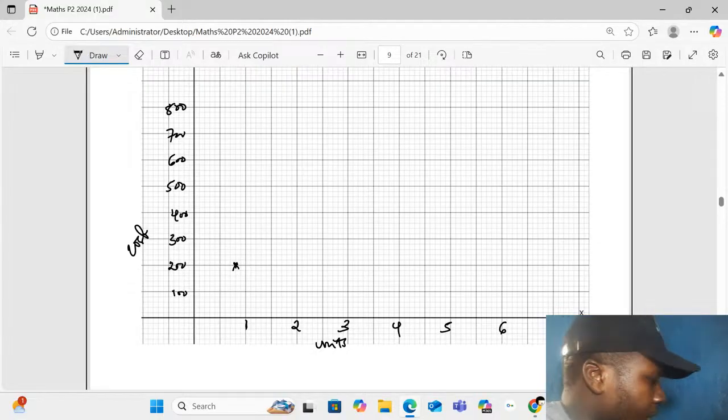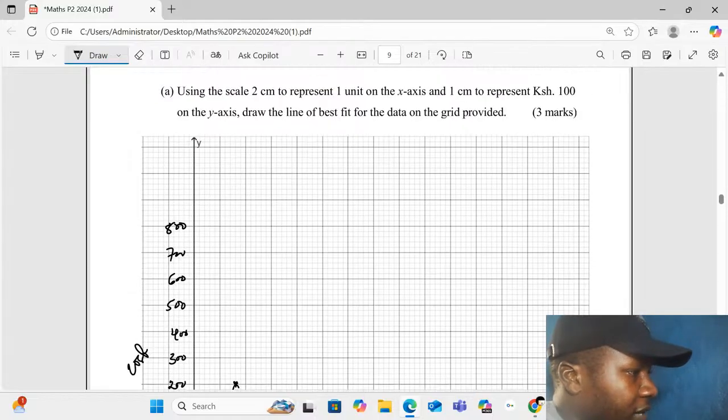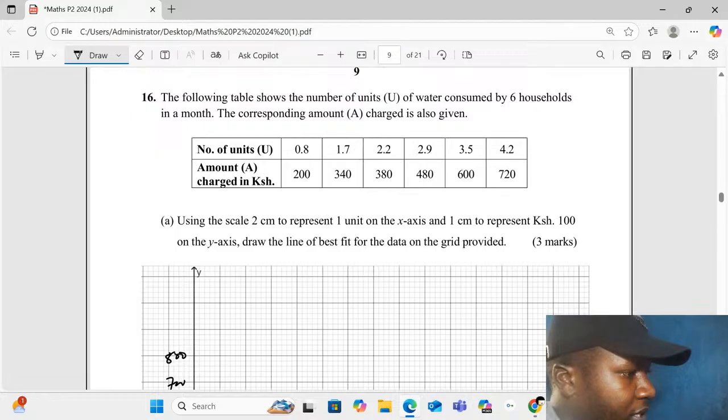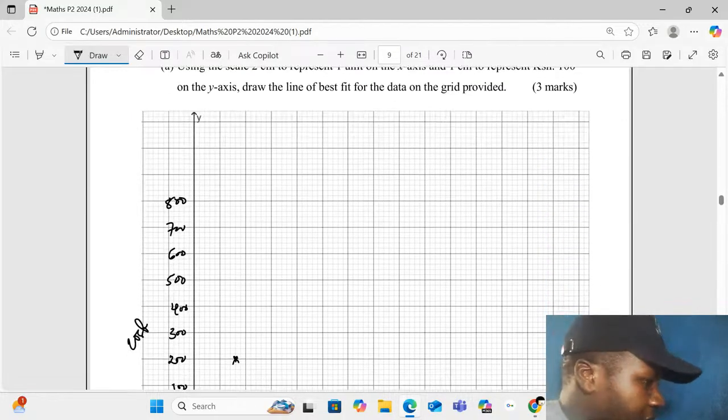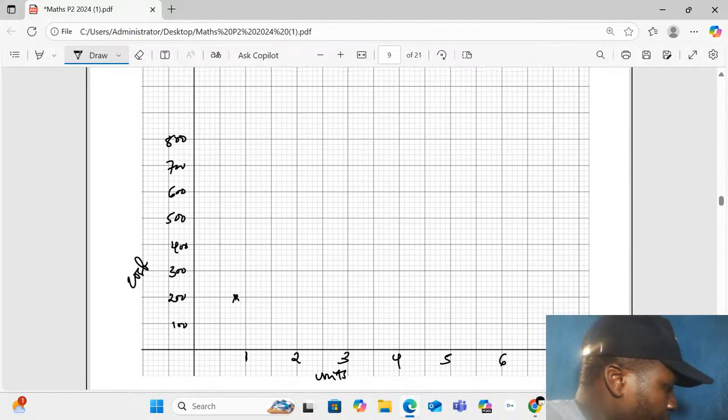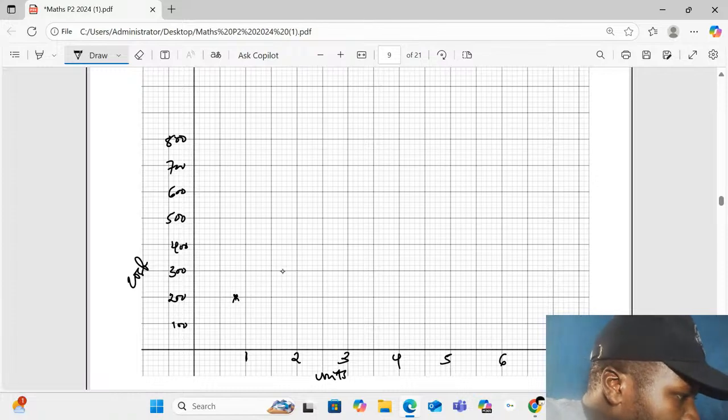Then where we have 1.7, we have 340. So 1.7 and 340 is somewhere here.